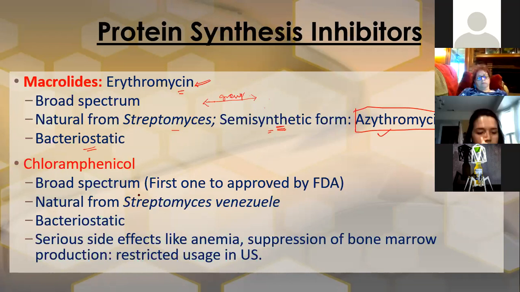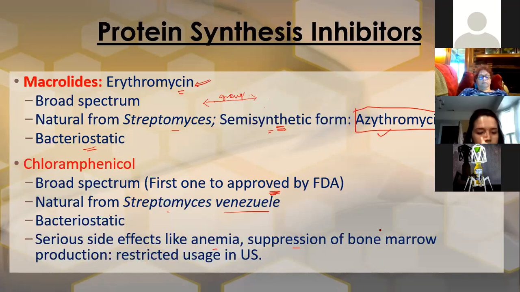Chloramphenicol is broad spectrum, and it was the first antibiotic approved by the FDA. Natural from Streptomyces venezuelae, it is bacteriostatic. It has serious side effects like anemia and suppression of bone marrow production.